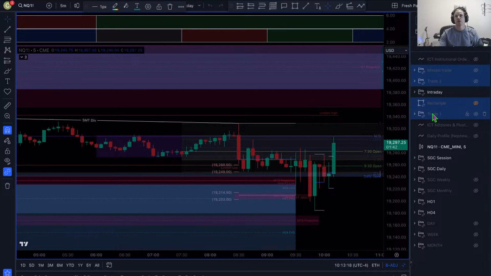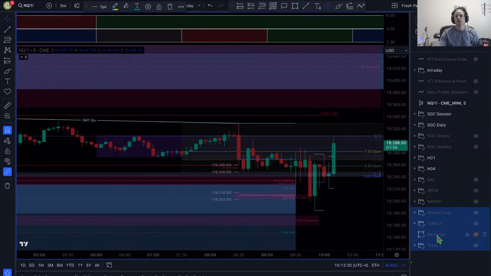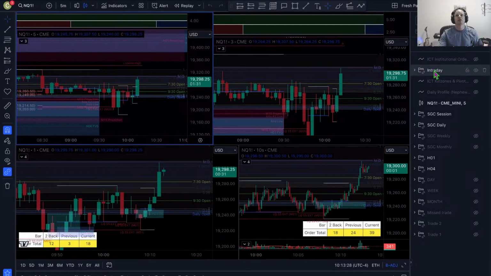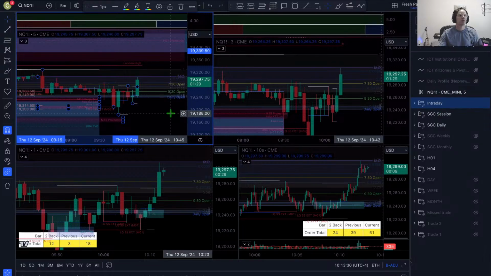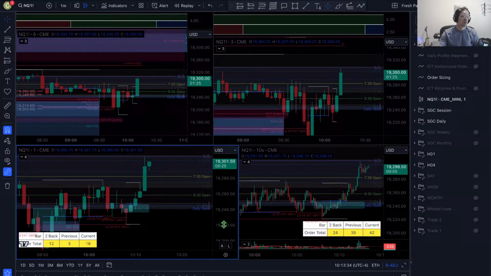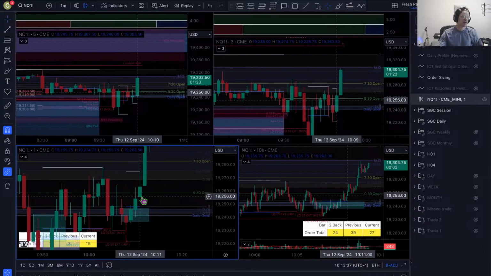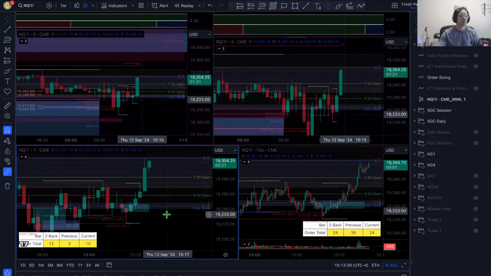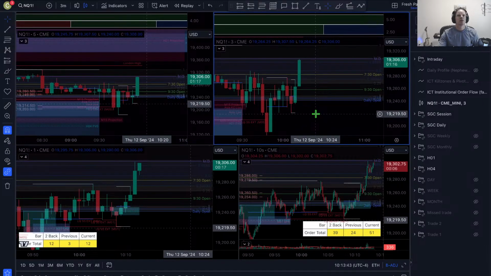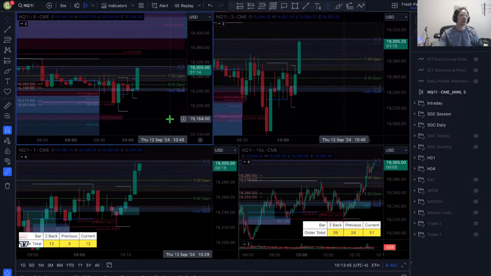Let's get rid of all of this. But this thing's a goner. London high is coming. Look at that volume imbalance right there, and then just straight up. 730's gone. The longs are back in play.